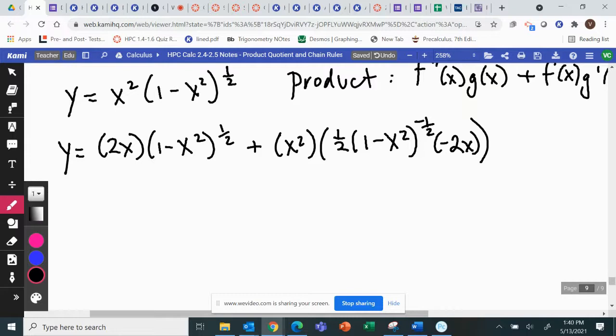Not you. I know you know because you know what I did wrong. What rule, Christopher, what rule? Derivative of what's on the inside. The chain rule. I have to multiply by the derivative of what's on the inside.